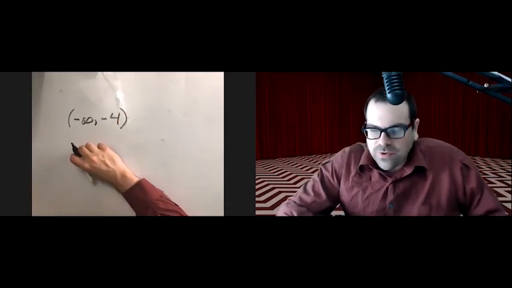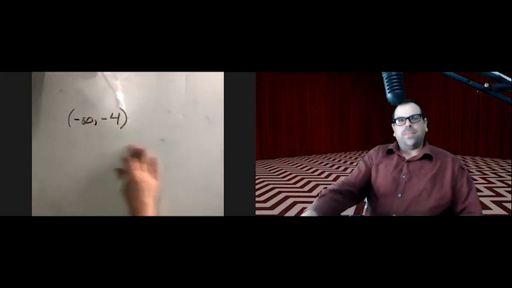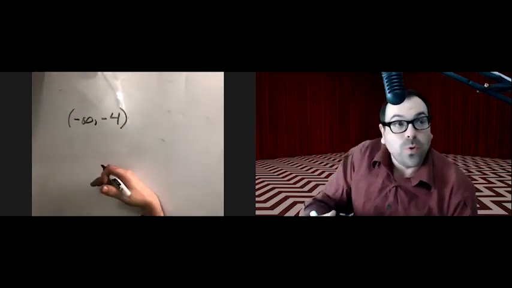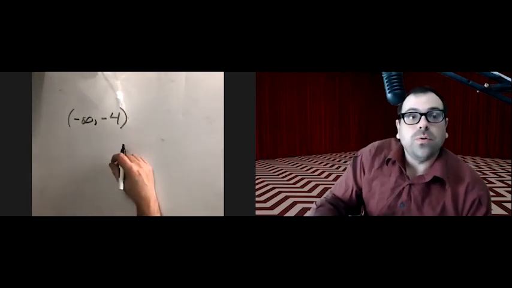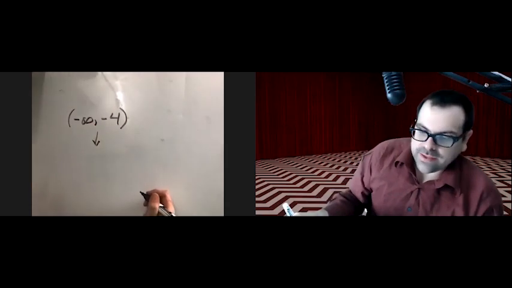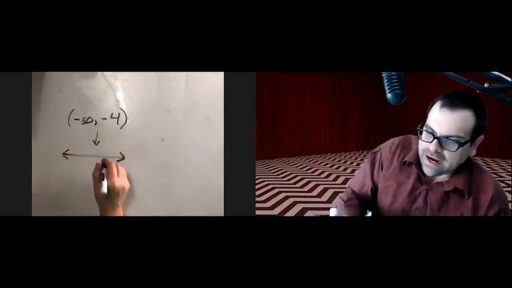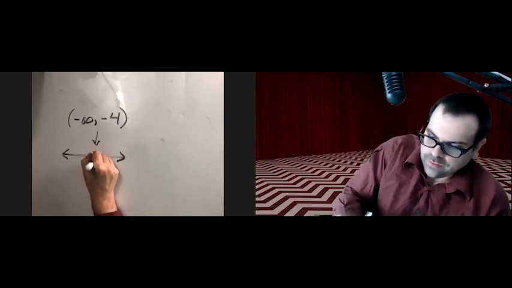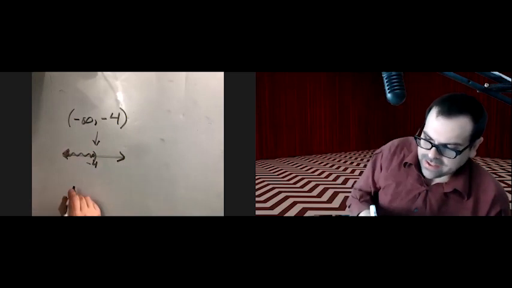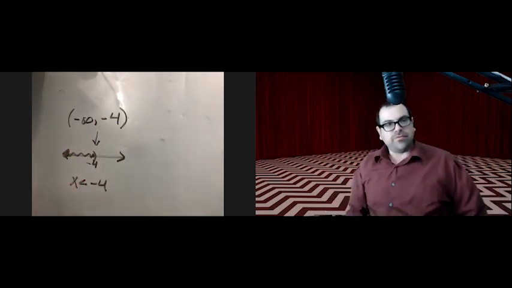What if I wanted you to express in words this? Well, to help you get to words, you can go through symbols. This, we know, would graph like this. And we can recognize that as x is less than -4.